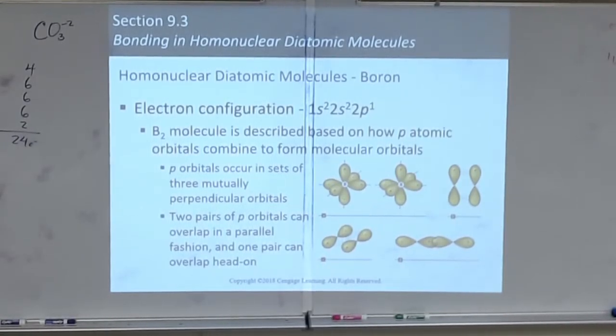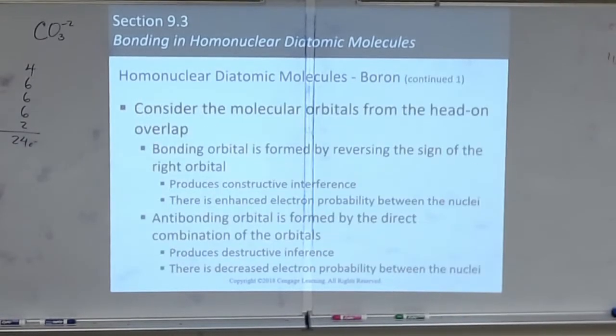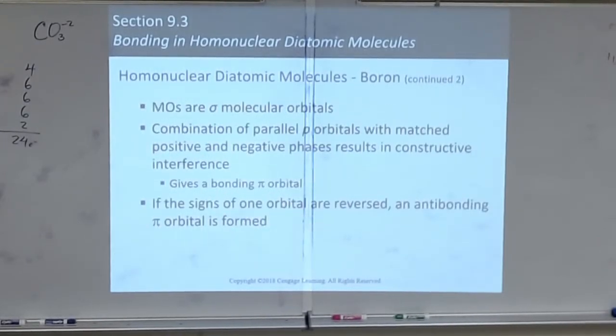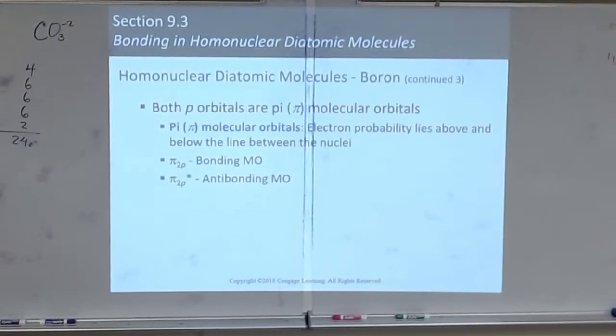What does boron not have? Okay. Consider these molecular orbitals from a head-on overlap. Anyway, I'm gonna flip through this a little bit. I just want to show you how to do it.